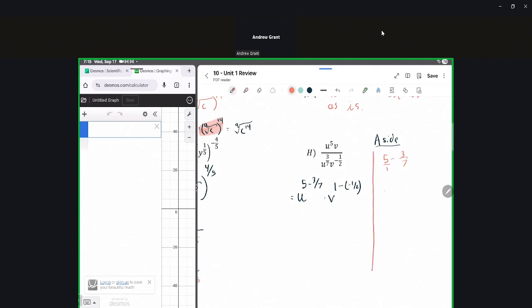Common denominator here is going to be 7. And so if we multiply top and bottom both by 7, 7 times 1 is 7, 7 times 5 will be 35. And so we have 35 over 7 minus 3 over 7, which is going to be 32 over 7.